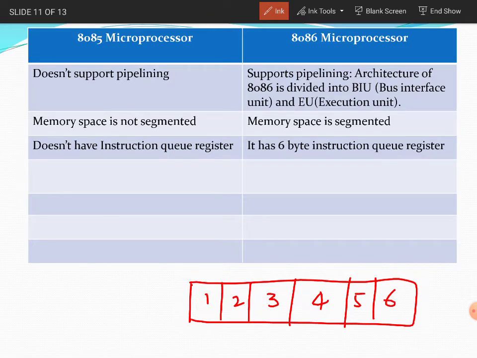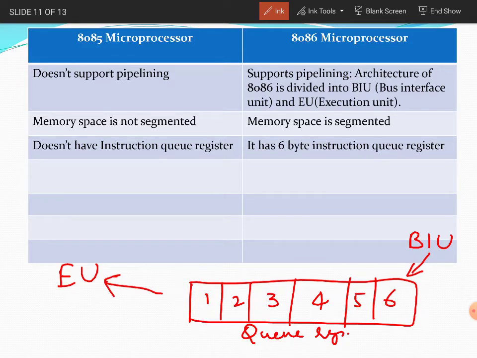The instructions which are fetched by the BIU, the bus interface unit, are placed on this queue register. The instructions are readily fetched by the bus interface unit and kept in the queue register for the execution unit to execute. So that is the reason it enhances the speed of operations.